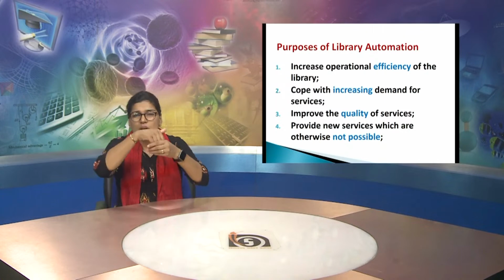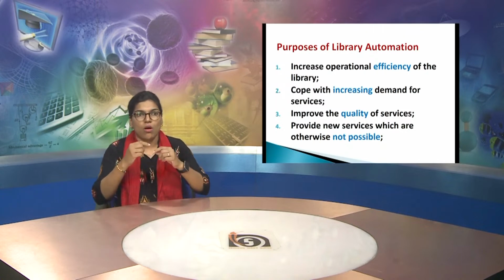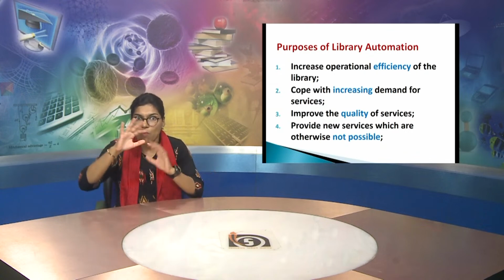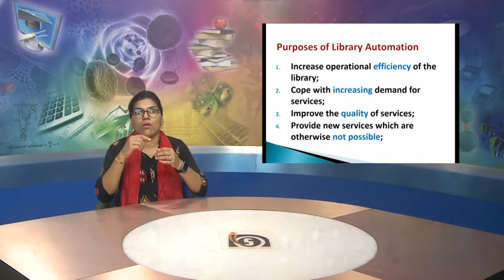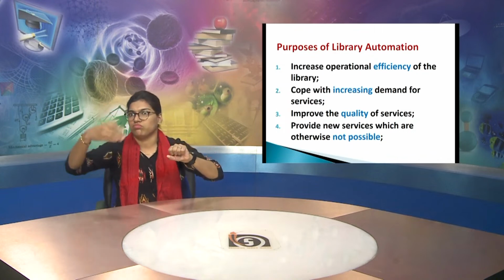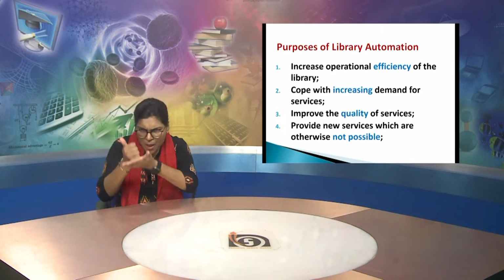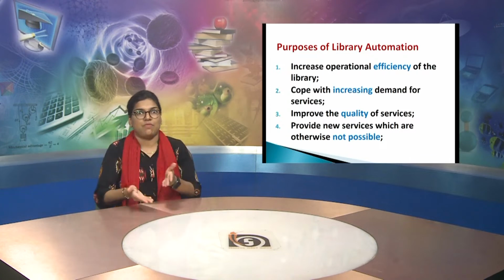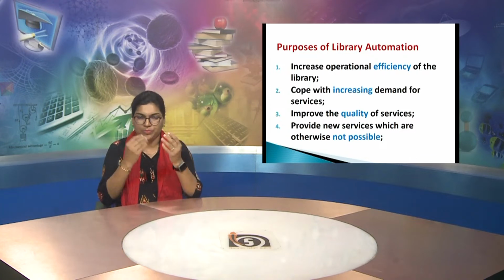Point number 3, to improve the quality of services, the library automation is required. So it is also a kind of service.